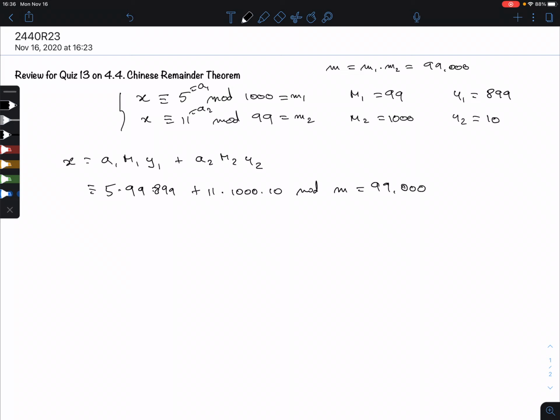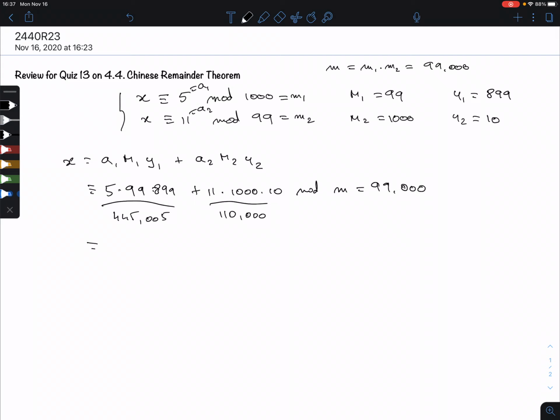Okay, so we just have to, at this point, modular calculation have kind of stopped. Now the big numbers come in. That's what I meant. My 5 times 99 times 899. So this thing is 445,005, and the other one is 110,000.